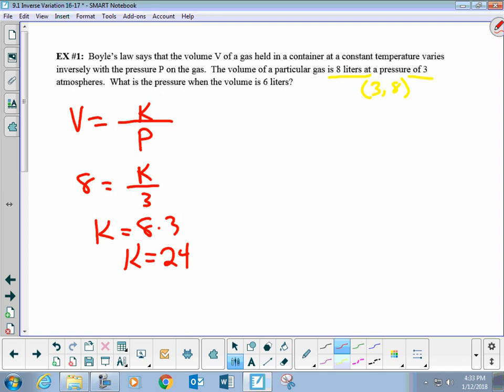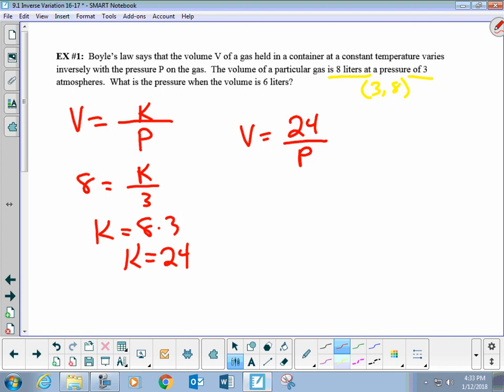So what is the equation of this particular gas? Volume is 24 over the pressure. So now I can use that equation to solve for volume or solve for pressure for this particular gas.